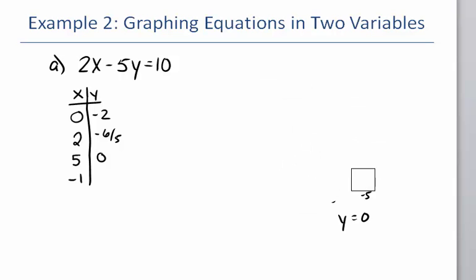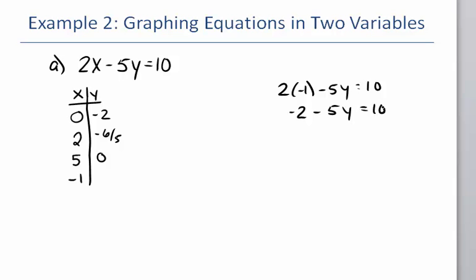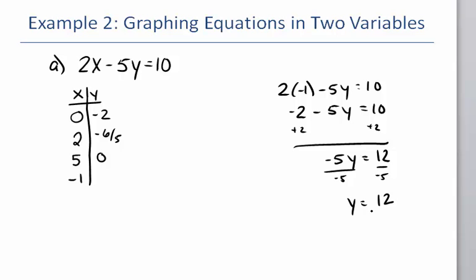And the last one we're going to do, we're going to plug in a -1 for the x. So 2 times -1 is -2, minus 5y is equal to 10. We're going to add 2 to both sides, which gives me -5y is equal to 12. And then divide both sides by -5. So we have a y value of -12 over 5, or 12 over -5.